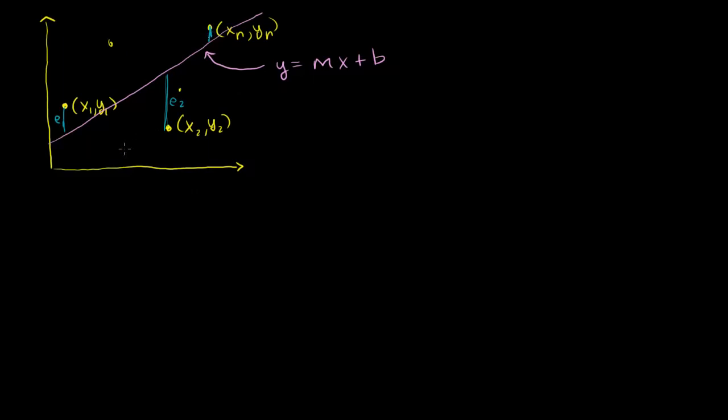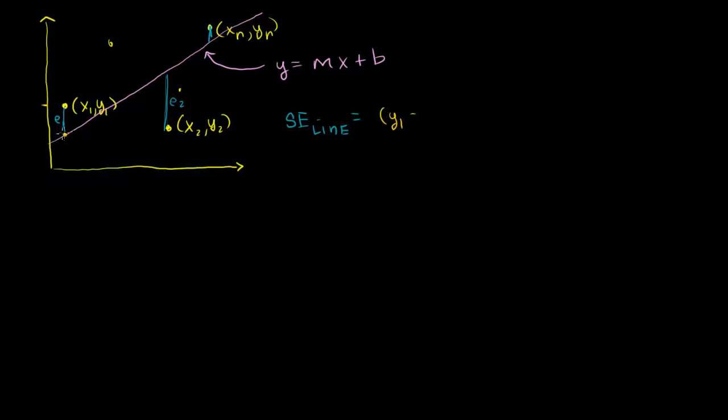So if you wanted the total squared error, and this is actually how we started off this whole discussion, the total squared error between the points and the line, you literally take the y value at each point. So for example, you would take y1, that's this value right over here. You would take y1 minus the y value at this point in the line.